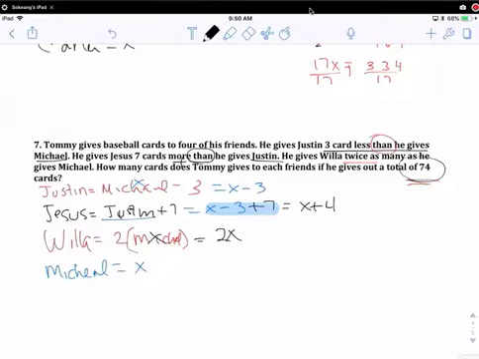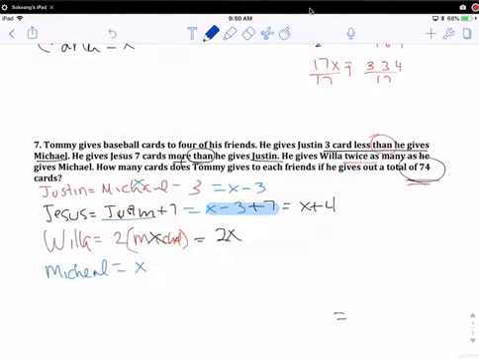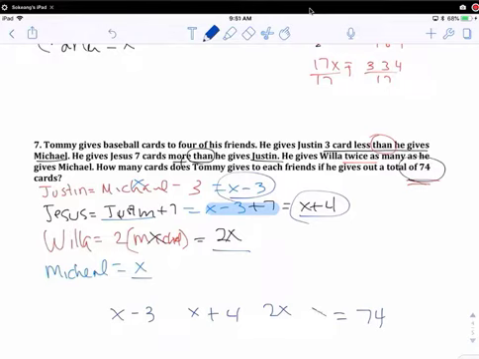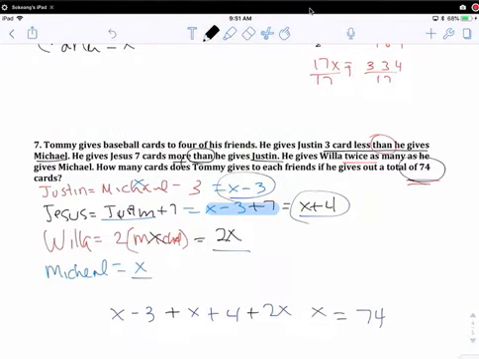Total of 74. So we need it to equal 74, right? First x minus 3, then x plus 4, then 2x, then x. Add, 1, 4, 5, 5x.